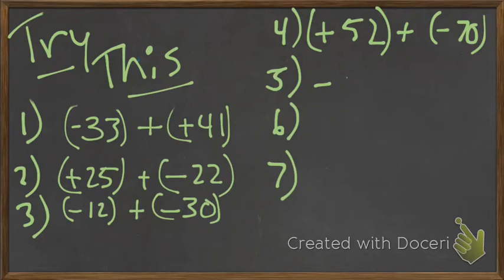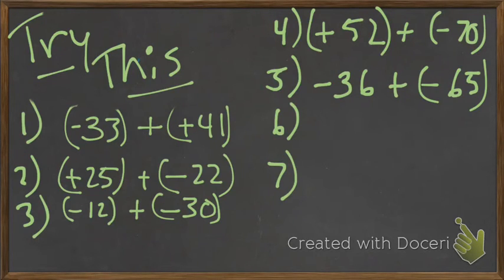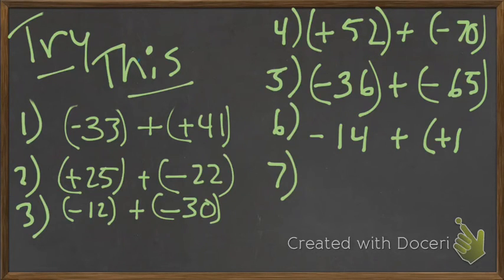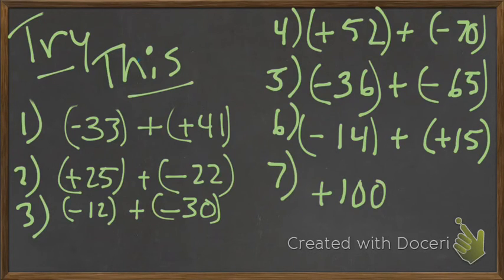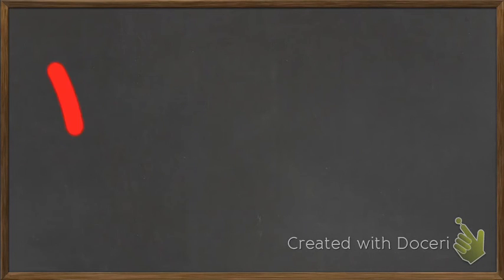Negative, let's do 36 plus negative 65. Getting to be some big numbers. Let's go negative 14 plus positive 15. And for the last one, we'll do positive 100 plus negative 19.